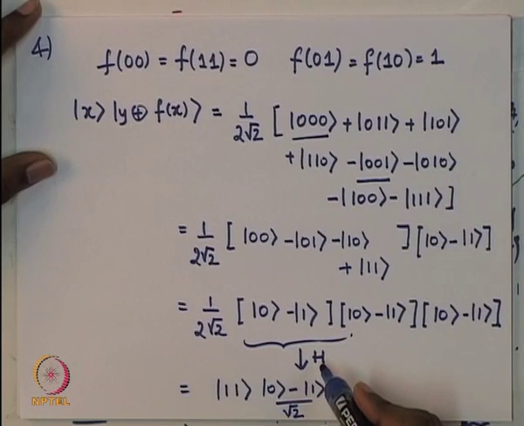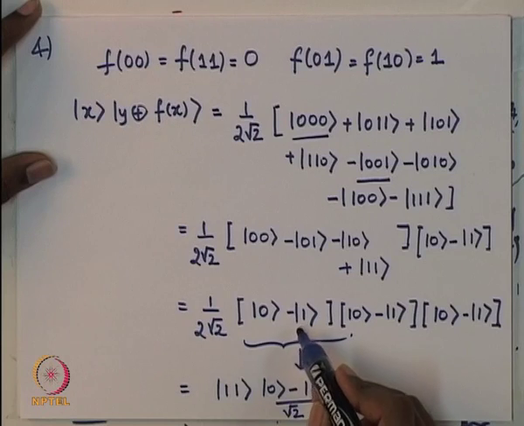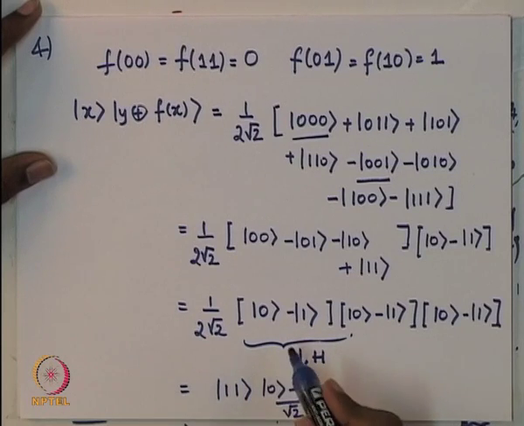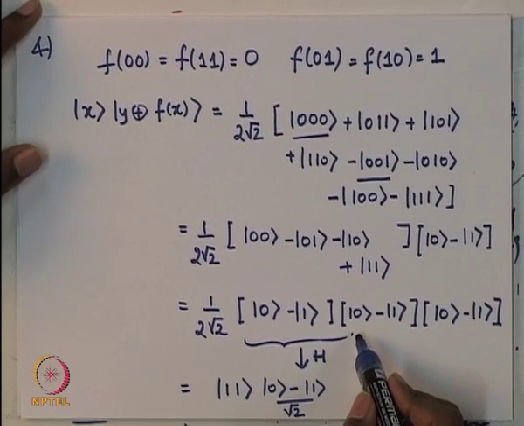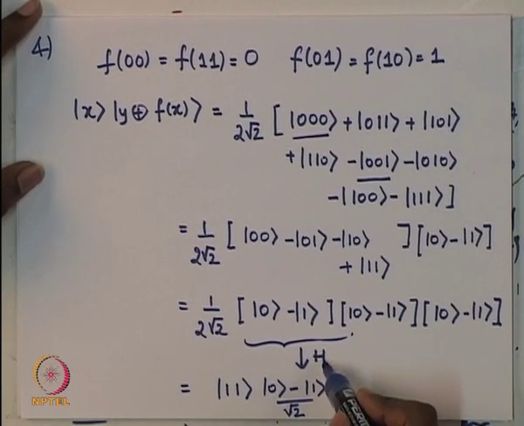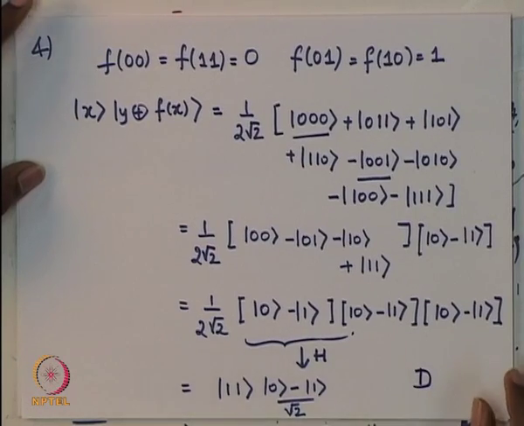As H is self-inverse, when we subject this qubit state to the H operator, we again obtain qubit 1. As these are two qubits, when we apply the Hadamard gate on them, we obtain qubit 1 1. So the output is qubit 1 1, which is option D.